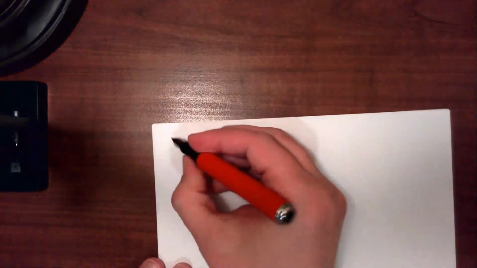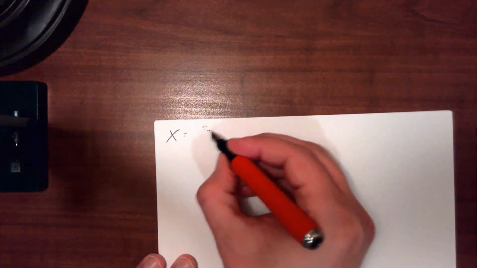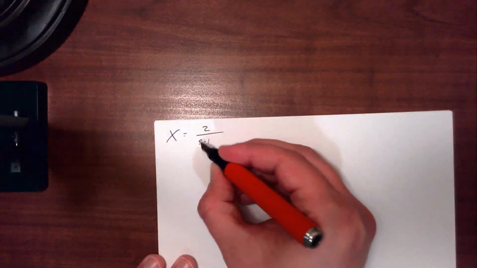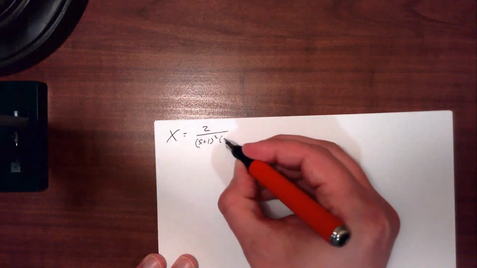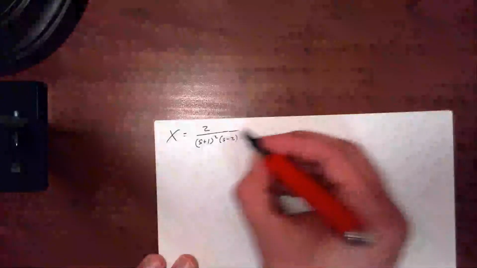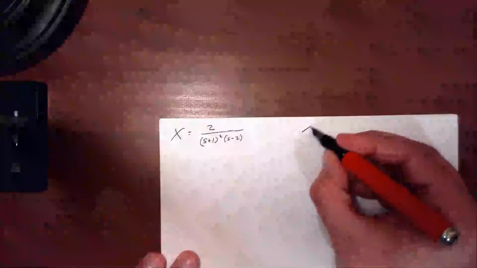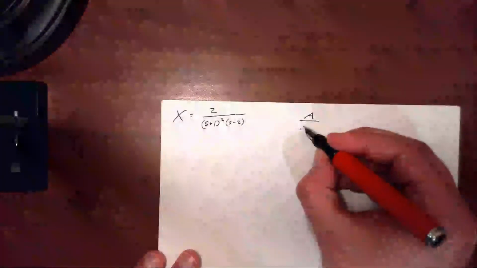All right, so partial fractions will tell us that if our X starts off by being equal to 2 over s plus 1 squared, s minus 2, then I can try to decompose it and think about what version of partial fractions this is going to be.